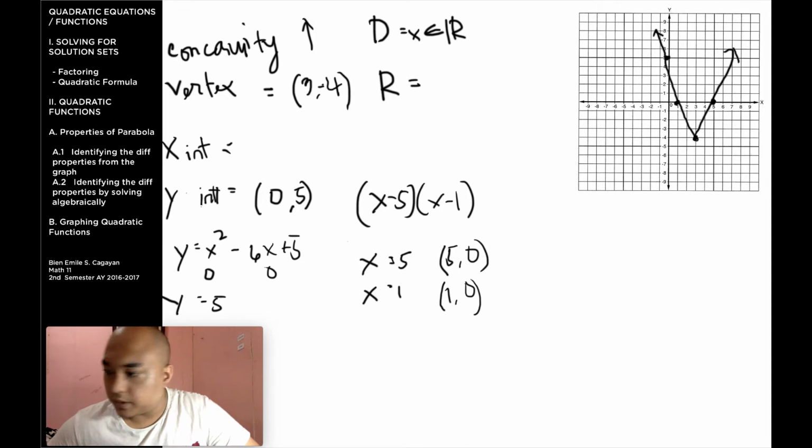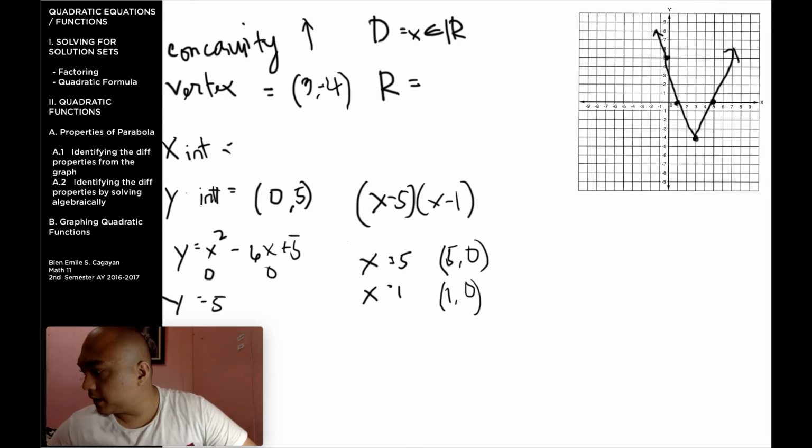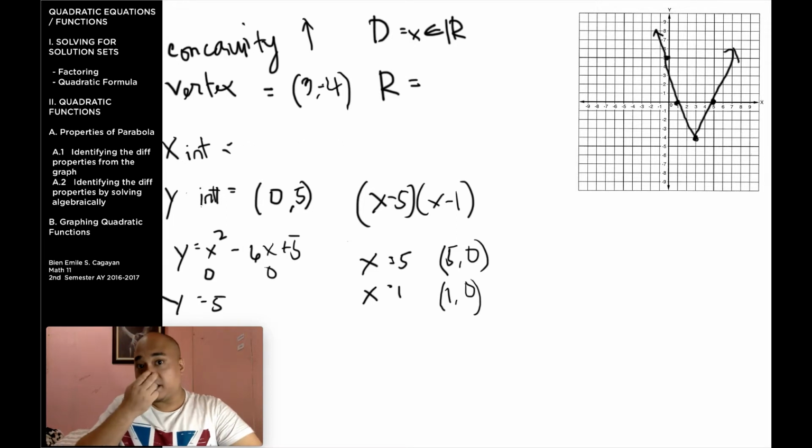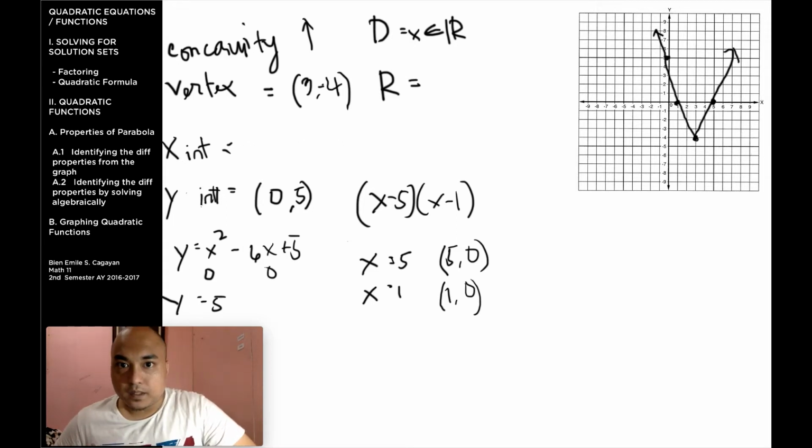Our lowest point, or minimum, is the vertex, which is negative 4. If it's pointing upwards, y should be greater than or equal to k. So the range is all possible values of y greater than or equal to negative 4.